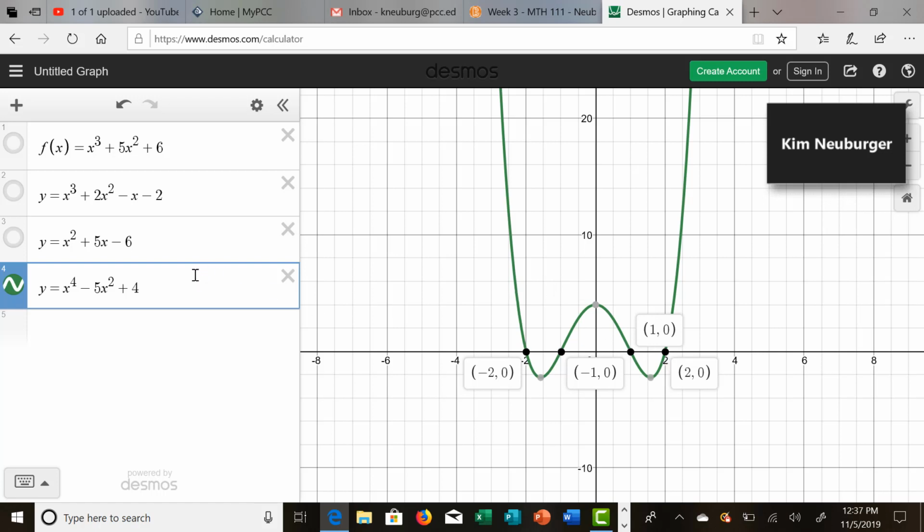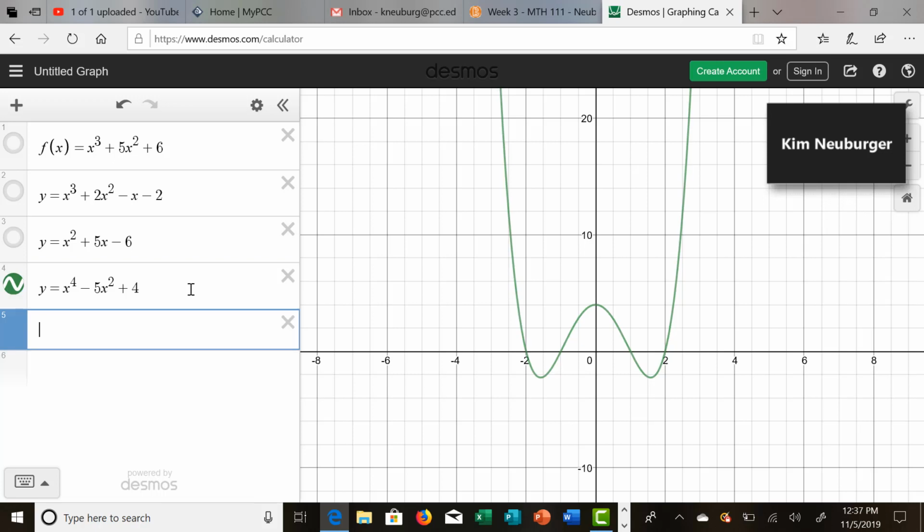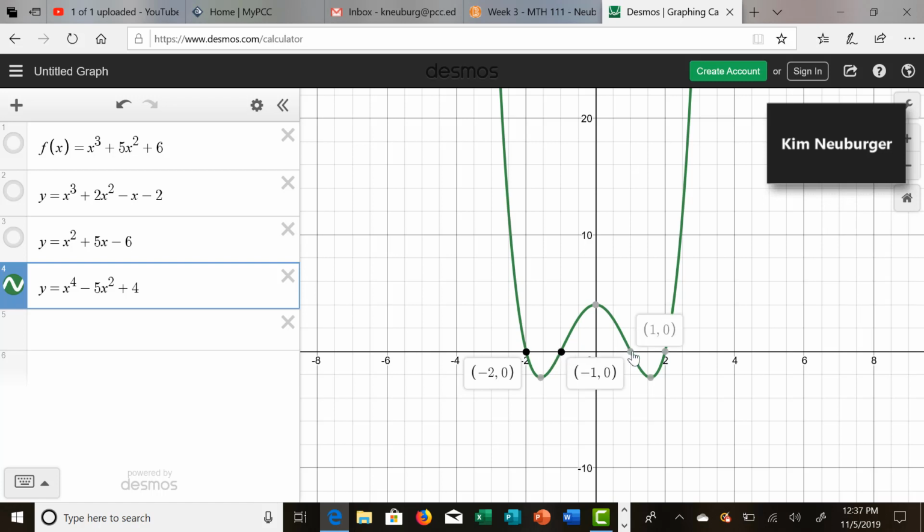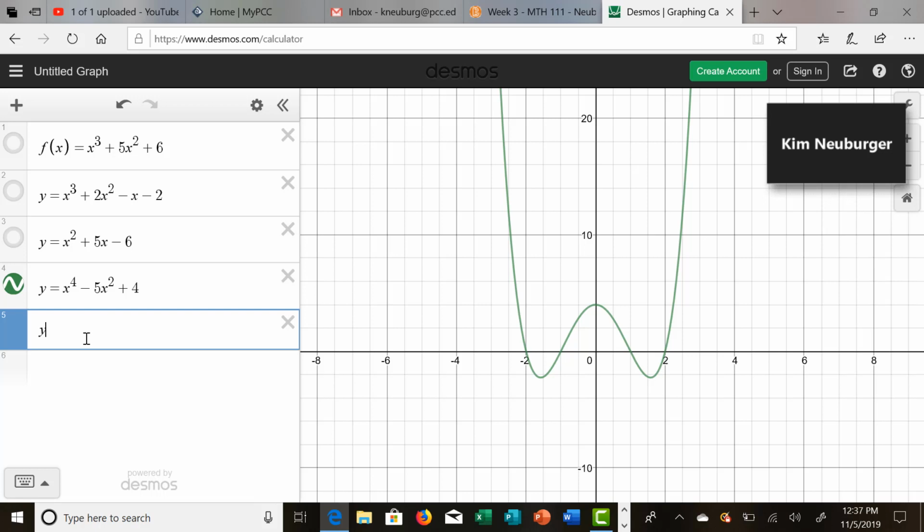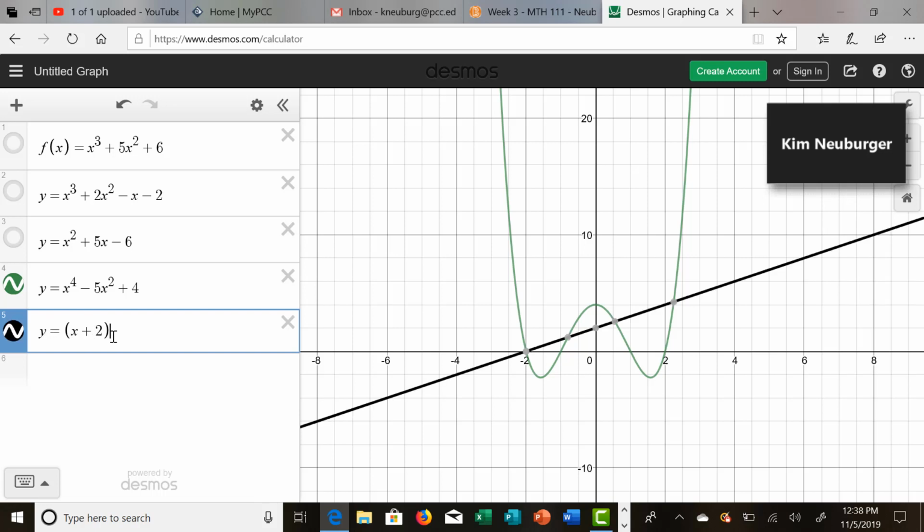Let's take a look at another function here. I'm going to go ahead and make a new one. If I click on this, I had a -2, a -1, a 1, and a 2. So in this other one, I'm going to do y equals x plus 2. And then, oh, notice something.